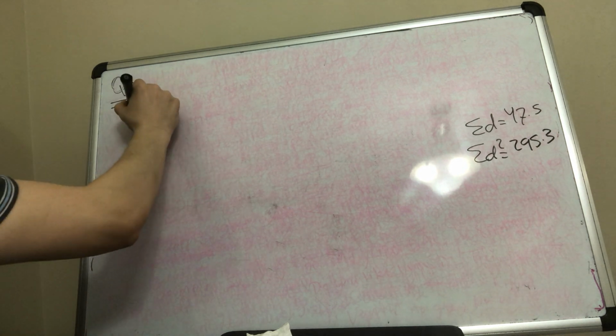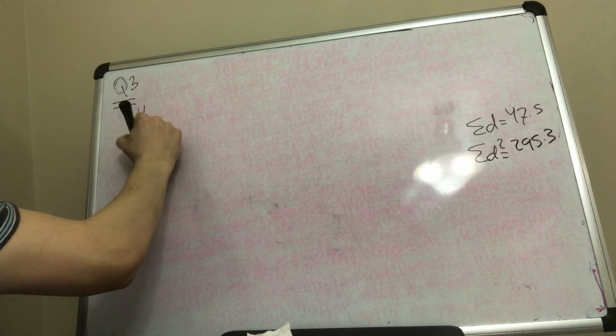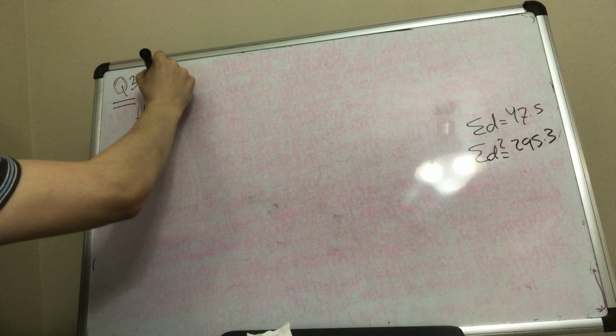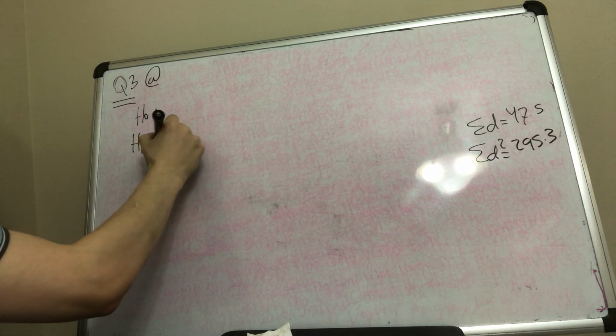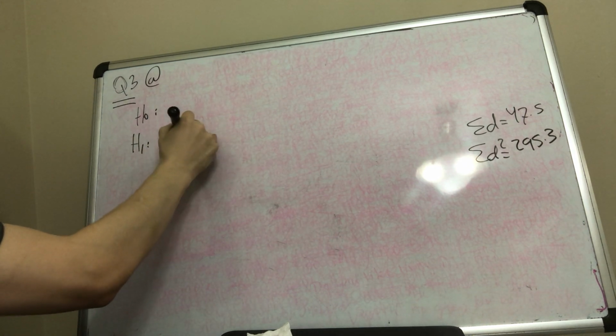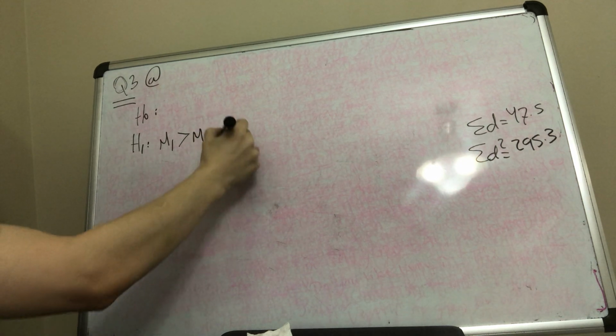Okay, so you go H0, HA, or H1. Remember, group 1 was with the campaign, group 2 without the campaign. So, they tell you, has it increased? So, the campaign is more than before.